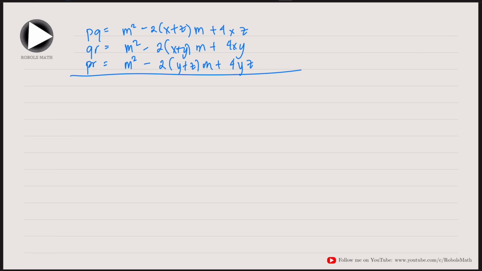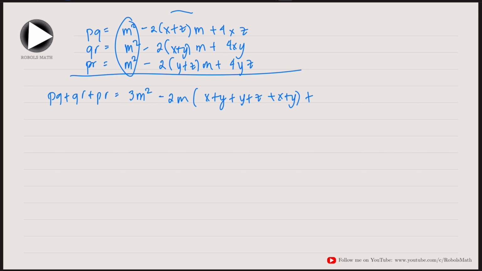And then we get the sum, PQ plus QR plus PR is equal to, we add this 3m squared, we add this and factor out the 2m, minus 2m times x plus y, y plus z, and x plus y. Then plus, factor out the 4 here, xy plus yz plus xz.